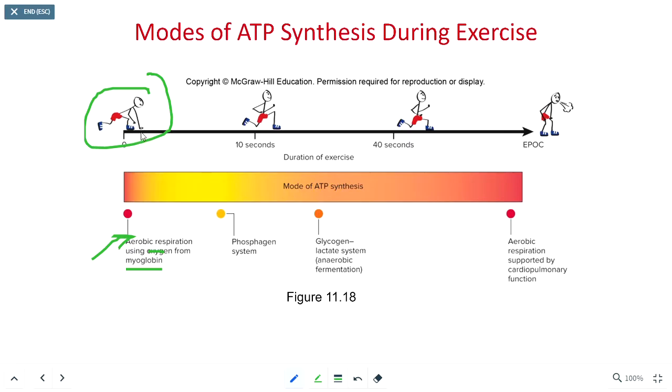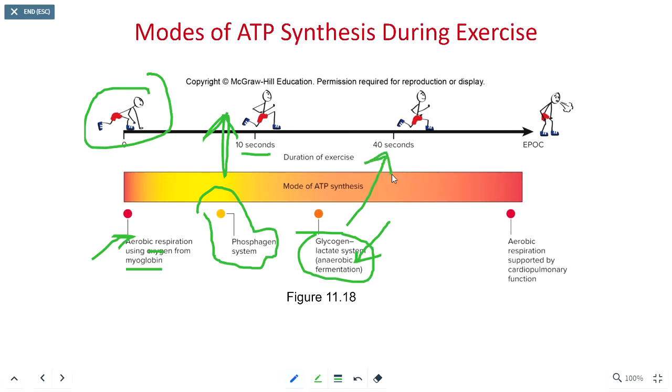And then as the guy is jogging along, we're going to shift over to the phosphagen system. From that phosphagen system, which takes about 10 seconds to hit, afterwards we're going to initiate the glycogen-lactate system, aka anaerobic, low-oxygen or no-oxygen fermentation. And that's typically going to be after about 40 seconds of strenuous work.